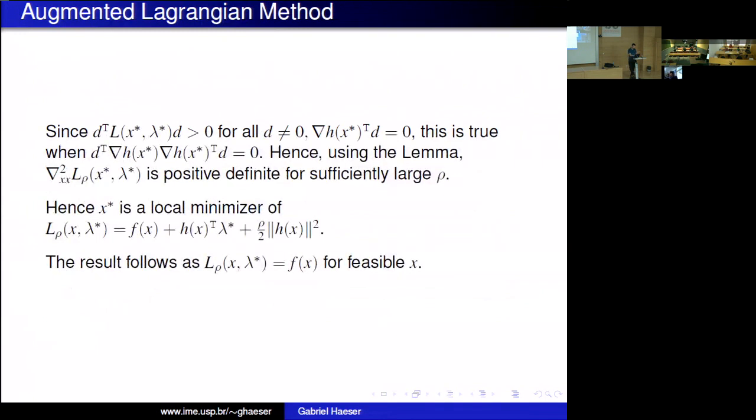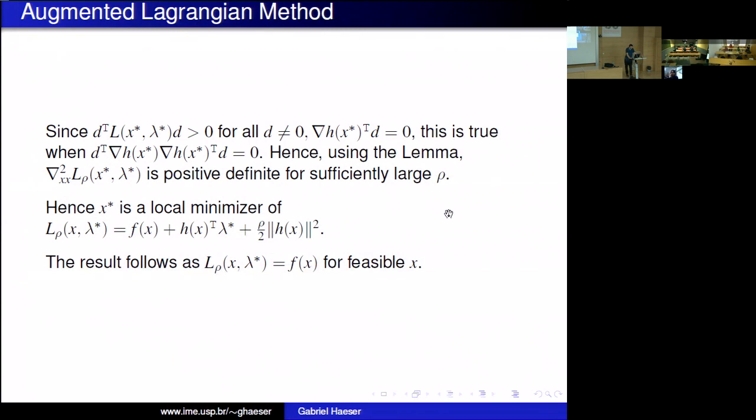If our sufficient second order condition, this should be the Hessian of the Lagrangian, we have that this is positive for directions in this subspace, and so we can use the lemma to assure that the Hessian of the augmented Lagrangian is positive definite.